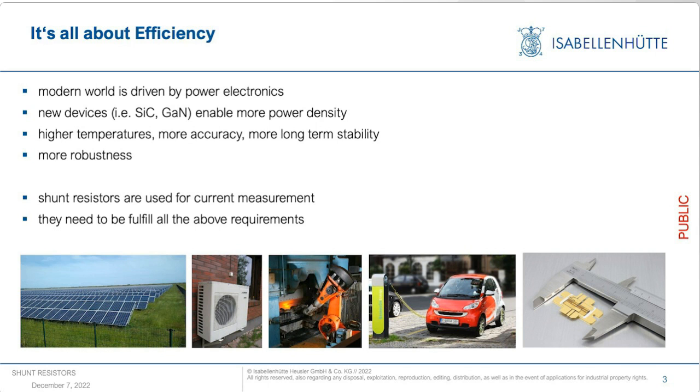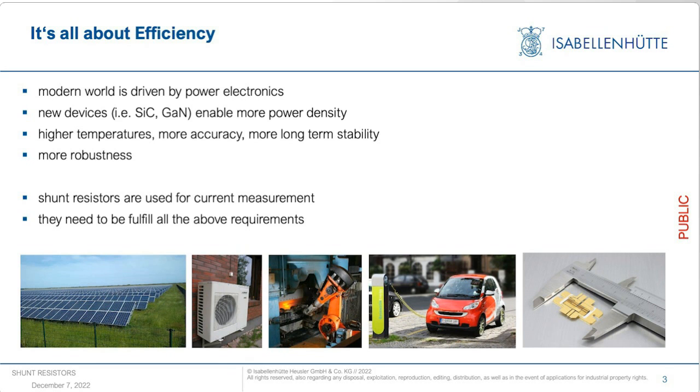In home appliances such as cooling systems or heating systems, these power electronics are used. They are also found in industry automation such as robots, such as drive systems used in industry automation.